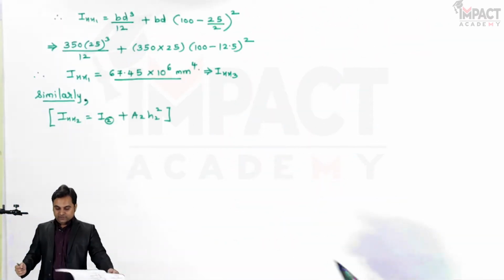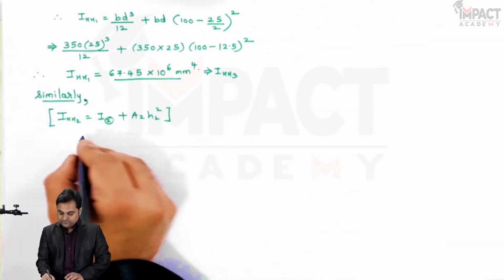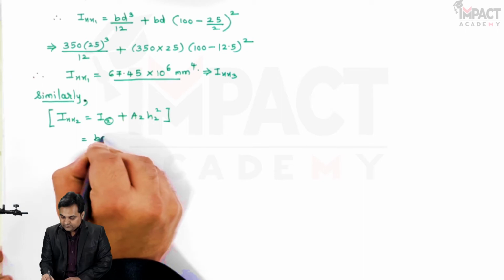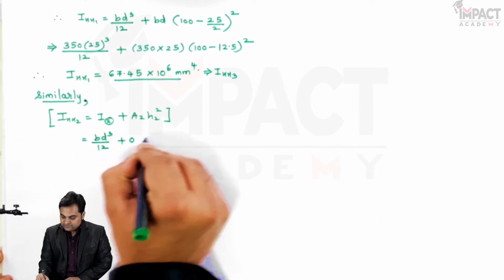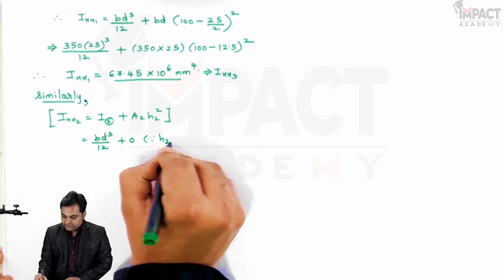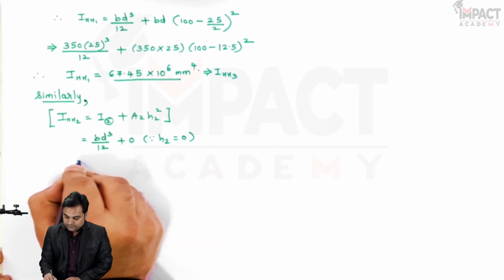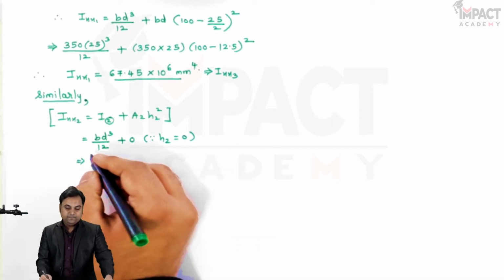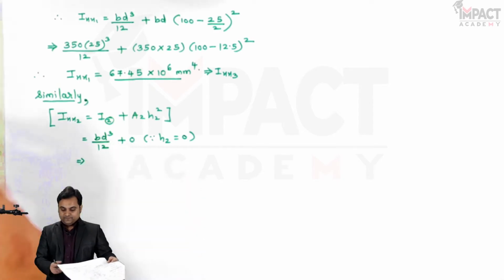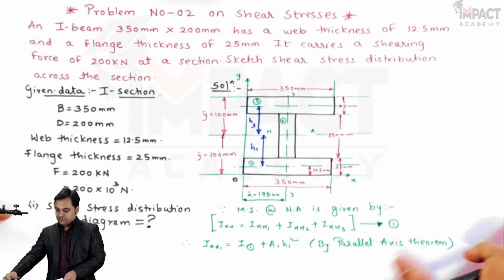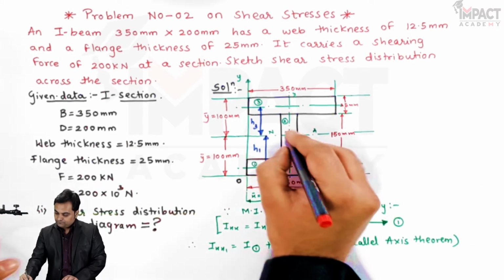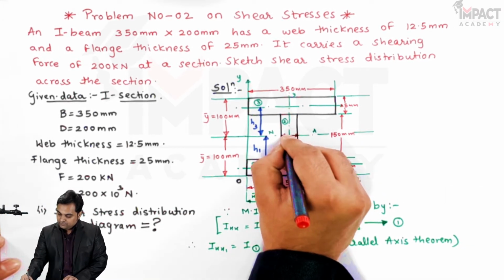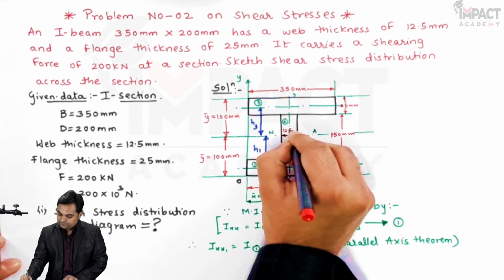So I can directly use the formula, where h2 would be 0, and here we only have bd cube by 12 plus 0, since the distance h2 is 0. B and D for rectangle 2: B is the width at the neutral axis, which is the width of the web, given as 12.5 mm.